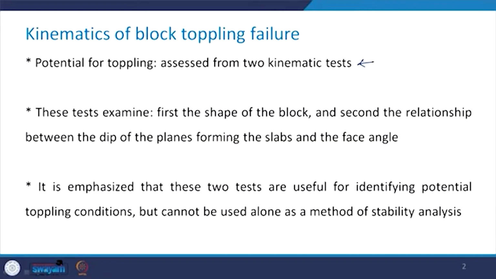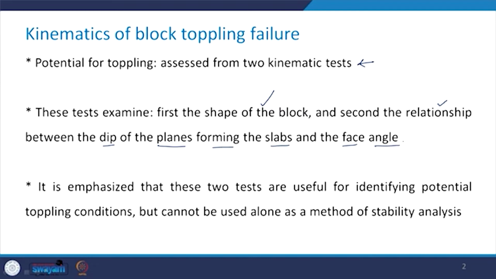So, the potential of toppling is assessed from two kinematic tests. These tests examine first the shape of the block and second the relationship between the dip of the planes forming the slabs and the face angle.